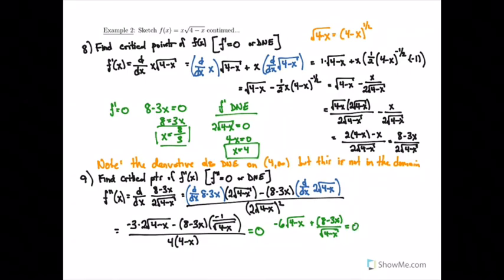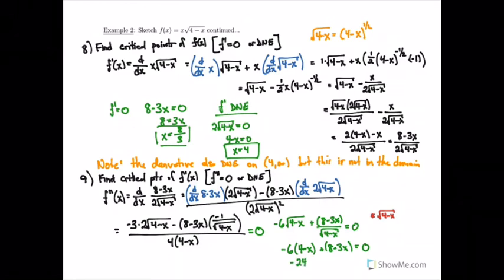We can multiply by square root of 4 minus x. And this will give me a -6 times (4 minus x), and I multiply by square root of 4 minus x, plus 8 minus 3x equals 0.